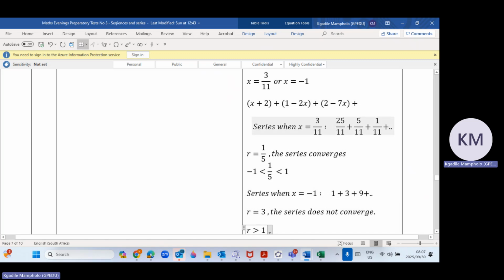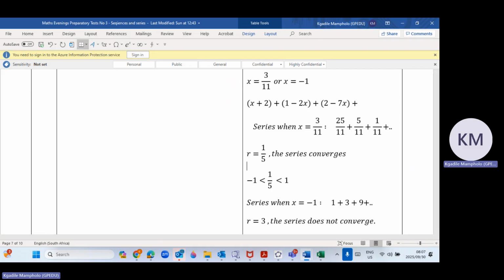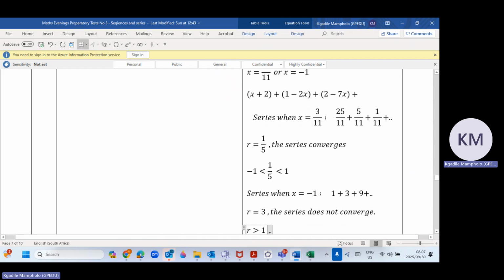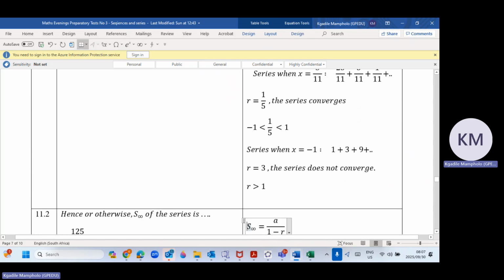So x is equal to 3 over 11, because when x is equal to 3 over 11, r will be between -1 and 1. So for convergence, x will be equal to 3 over 11, and x will not be equal to -1, because when it's -1, the series does not converge, meaning that r is not between -1 and 1.